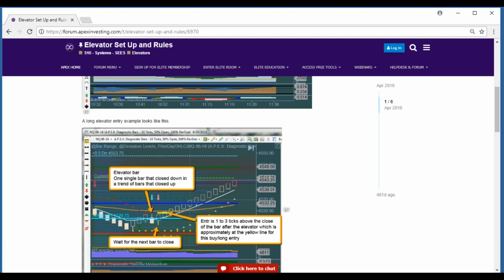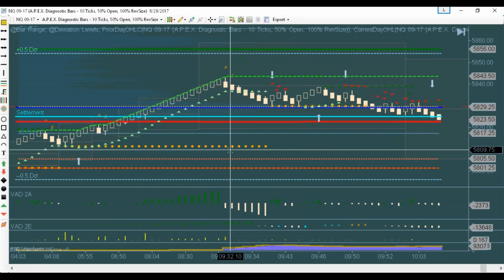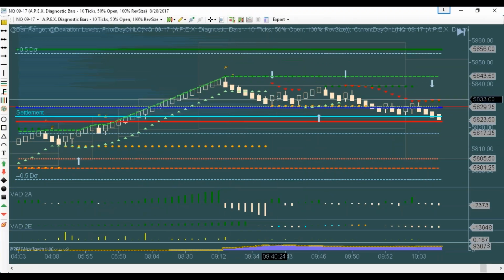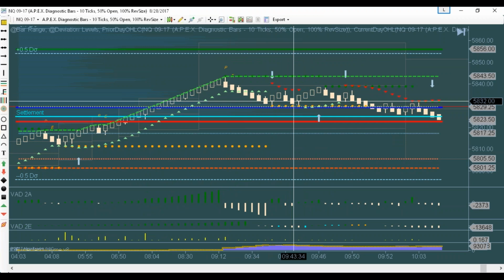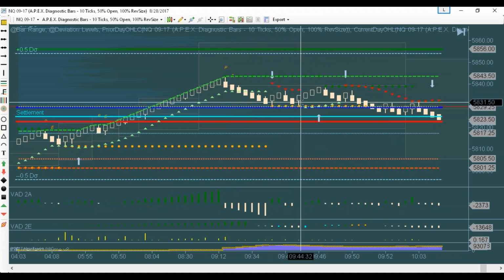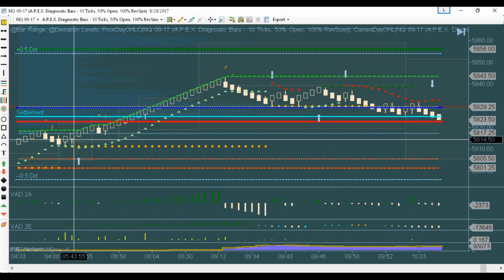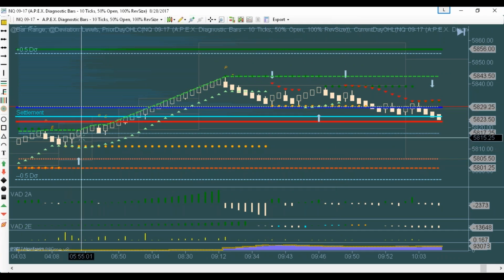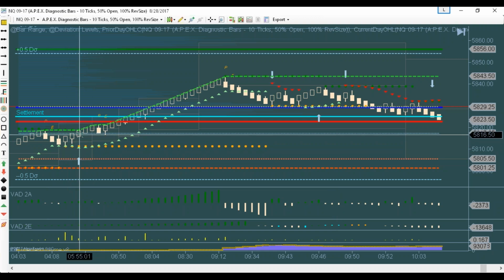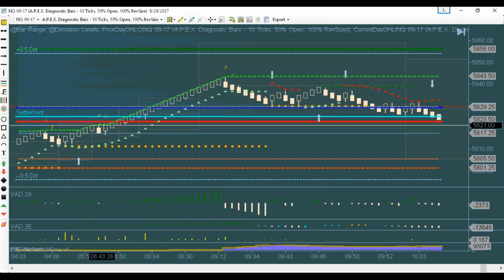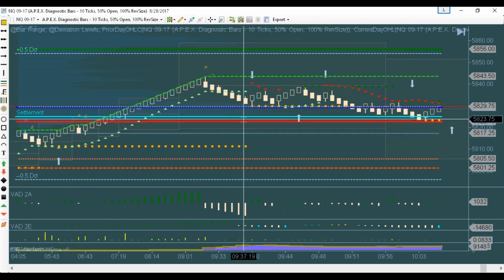You want those three bars in a direction. You don't want, well, I had two bars this way and then two bars this way, so now we're going back up, that was an elevator. That's chop. Does that make sense? You want a few bars in that direction to confirm that's the direction. Then we pull back and we go.